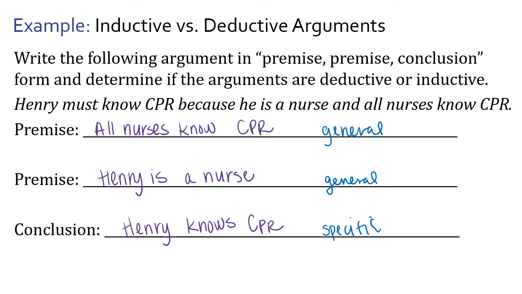And the reasoning for that is because all nurses know CPR and Henry's a nurse. So even though Henry is a nurse seems pretty specific, it's more general than the conclusion of Henry knows CPR. So we can use that to deduce that this goes from general to specific, and so this would be considered a deductive argument.